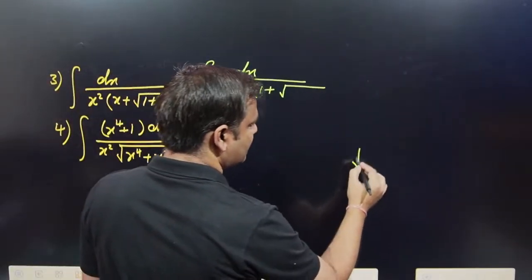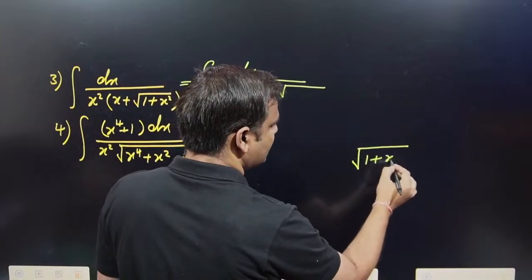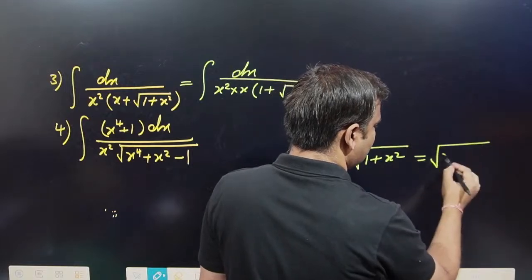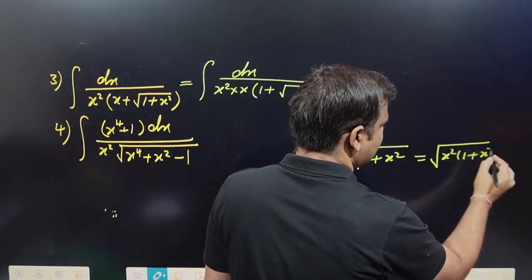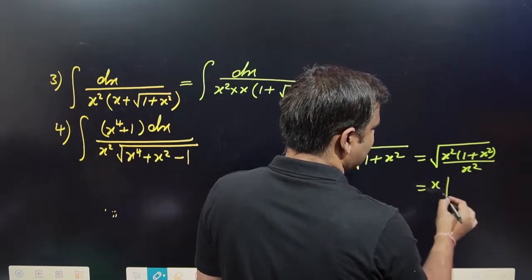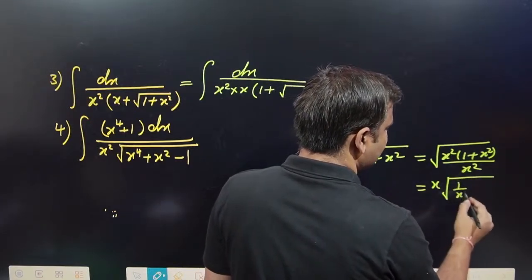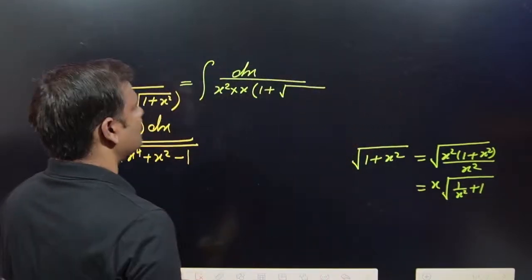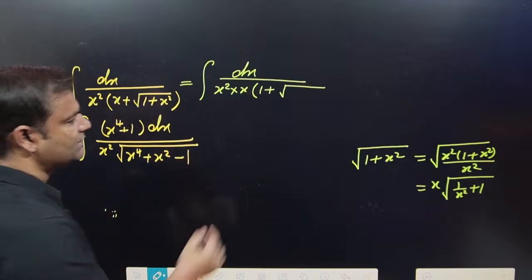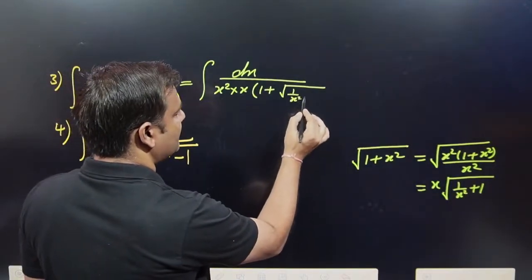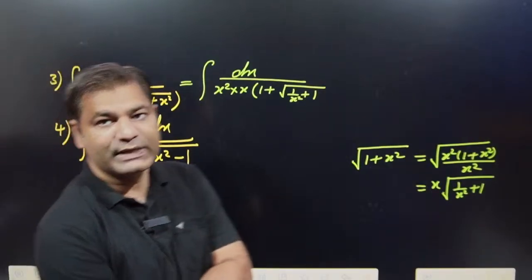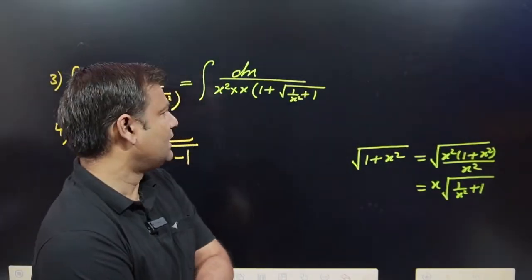Basically if here 1 plus x square, if x is common, then under root x square into (1 plus 1 by x square), divided by x square. So what about that value? Simply x, and that one 1 by x square plus 1. So basically that is written as 1 by under root (1 upon x square plus 1). Okay, is it clear?